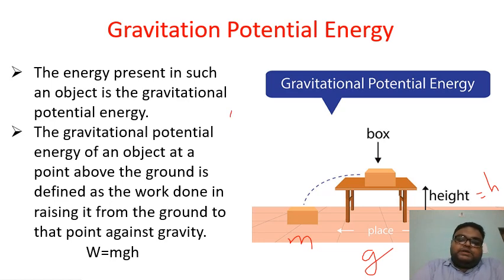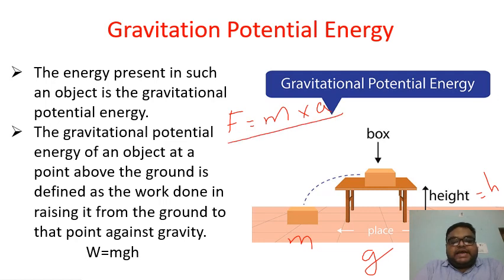From Newton's second law of motion, force equals mass into acceleration. So in this case, force will be equal to mass times acceleration due to gravity, because the force is applied against gravity, so it will be mg.